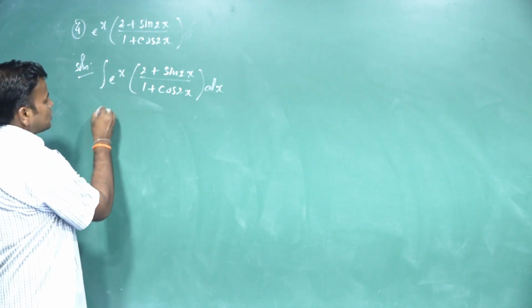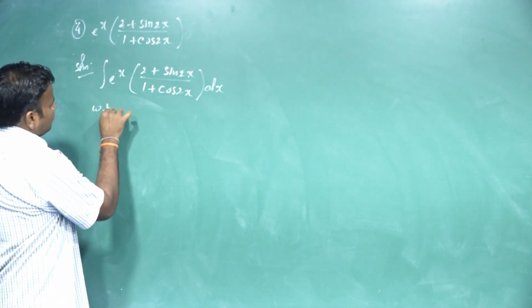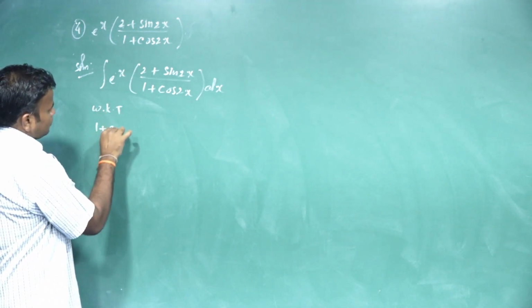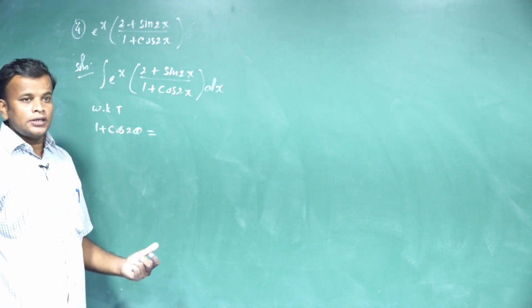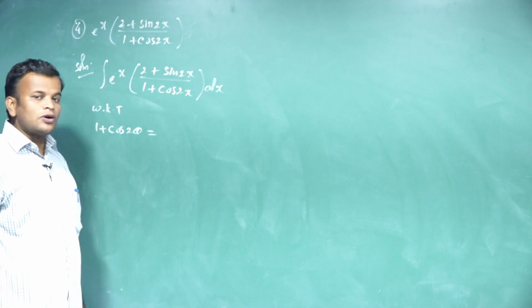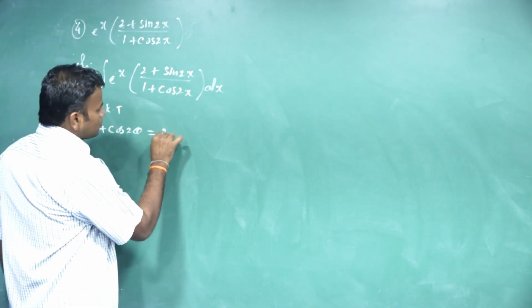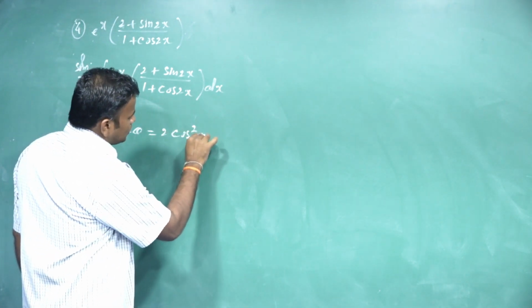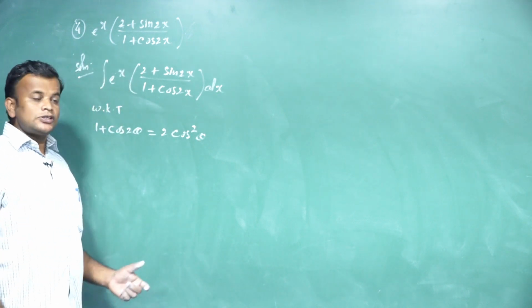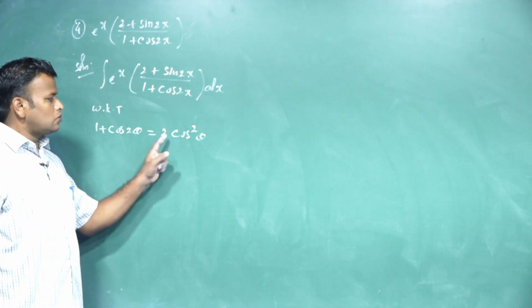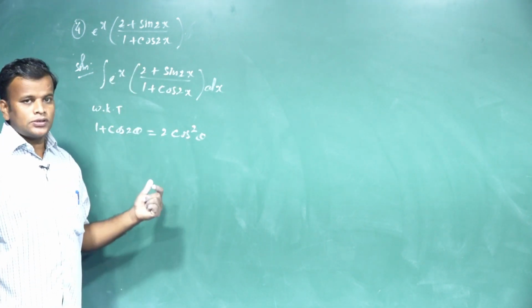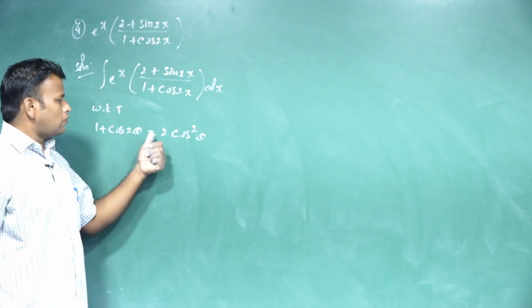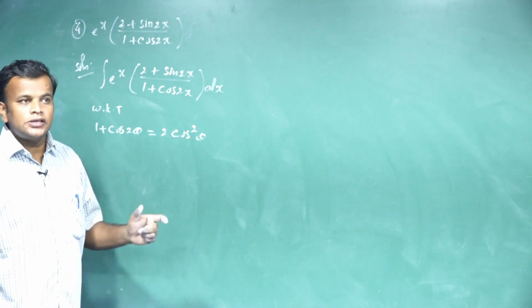So 1 plus cos 2 theta, I write the formula. In trigonometry, the formula of 1 plus cos 2 theta is 2 cos square theta. Actually, the formula of cos 2 theta is 2 cos square theta minus 1, so the minus 1 moves to that side as plus 1. So the 1 plus cos 2 theta formula is 2 cos square theta.